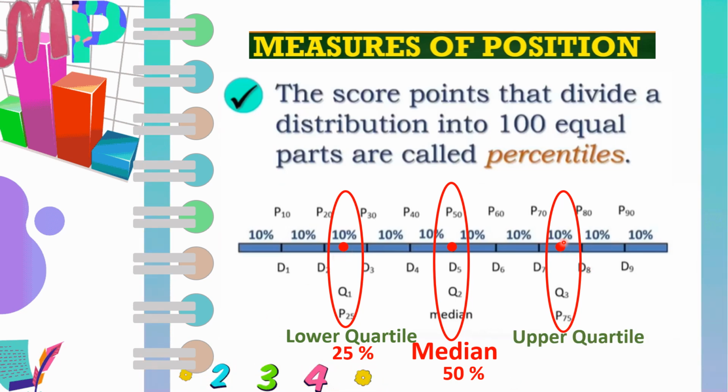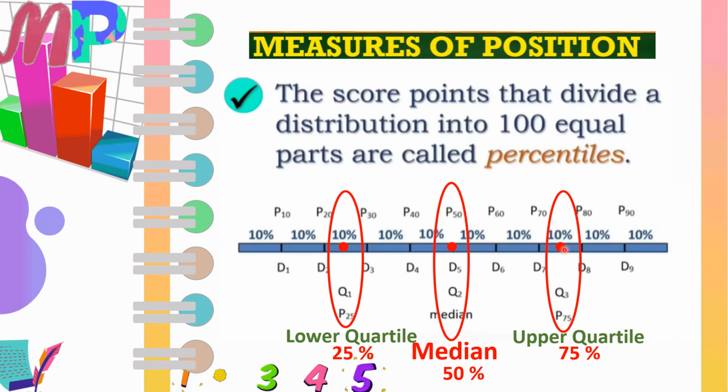And for this location, we have Q sub 3, or the upper quartile, meaning 75% or less fall below this.